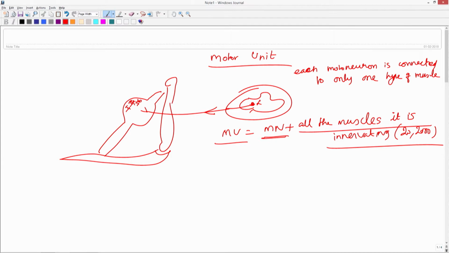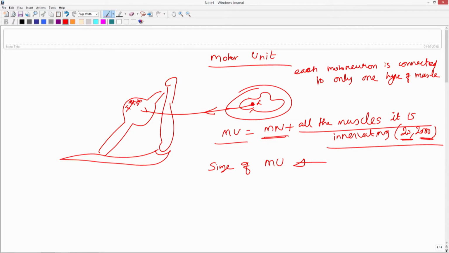So, we can find out the size of the motor unit. It depends upon how many muscles each motor unit is innervating. Depending upon how many muscles it is connecting, it can be 20 or 2000.